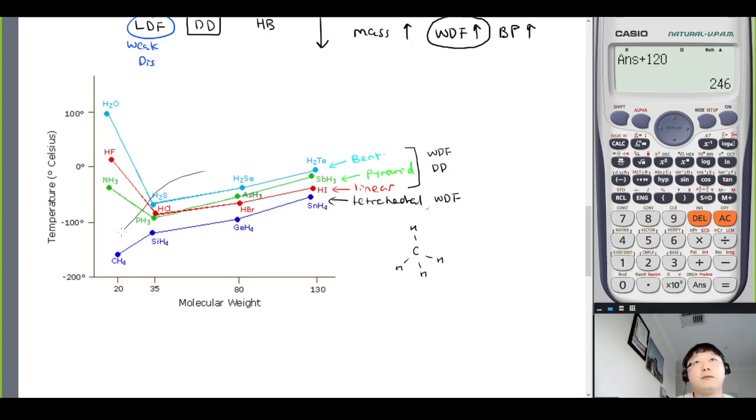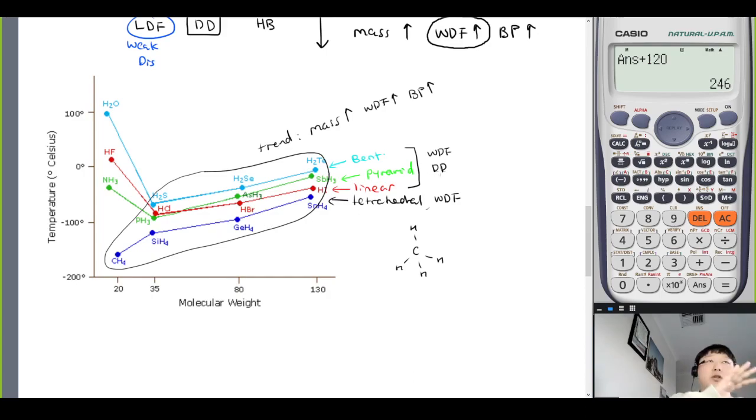Now, all of this is exhibiting the trend, which is as the mass increases, the weak dispersion force increases, and therefore the boiling point increases. Okay? So this upward trend is not explained by the dipole-dipole, it's only explained by the weak dispersion force because mass is increasing.